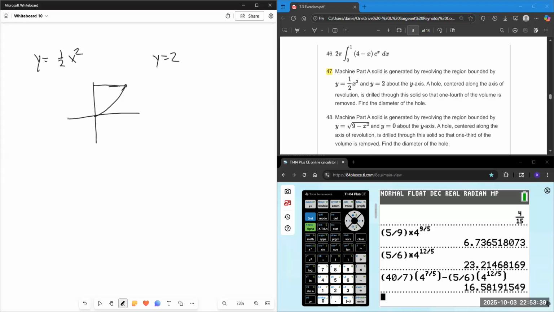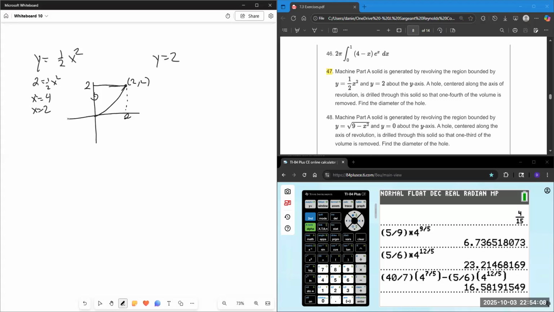So this point here, when y is 2, then x squared is 4, and x is 2 since I'm on the right hand side here. So this point is (2, 2). All right. I'm going to revolve around the y-axis.